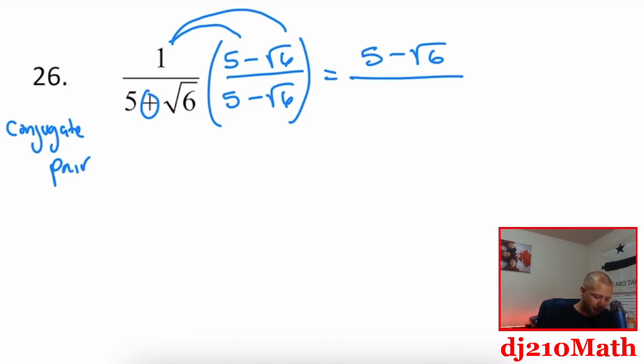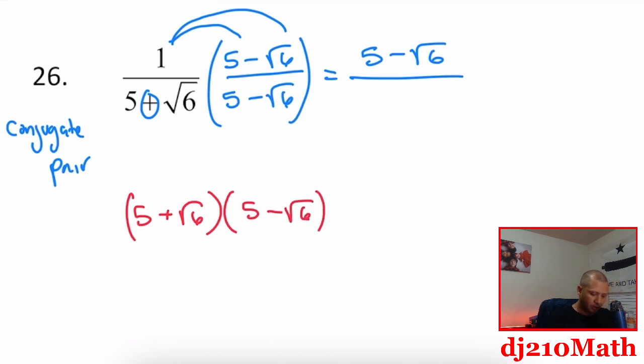Okay, on the bottom, when you're multiplying conjugate pairs, which they are, they're the same numbers, only off by a sign. One root is positive and the other root is negative. So watch, this is my little shortcut. 5 times 5 is 25.